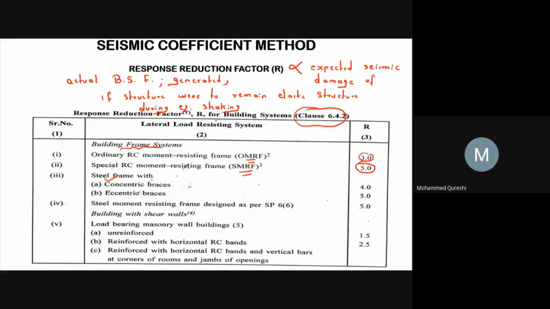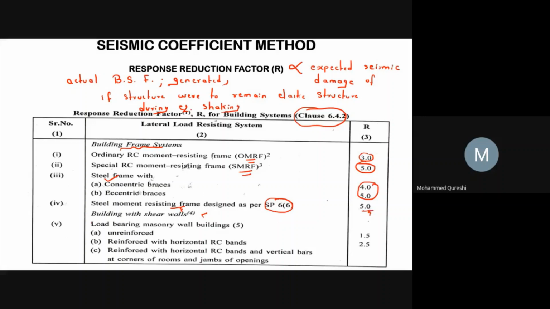For steel frame with concentric braces or eccentric braces, the value will be 4 and 5 respectively. For SMRF frame designed as per SP66 buildings with shear wall, the value of response reduction factor should be 5.